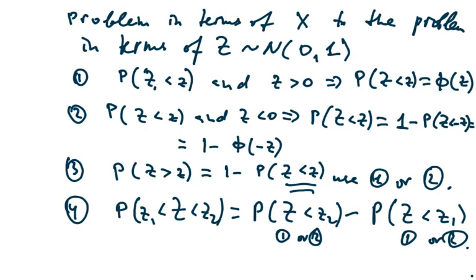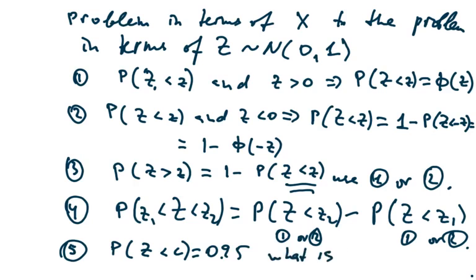There is also another class of problems. I will show you an example on the next slide. So in this problem, what is known is the probability that capital Z is, let's say, less than c equals something known, for example 0.95, and the problem is what is c, find the value of c.